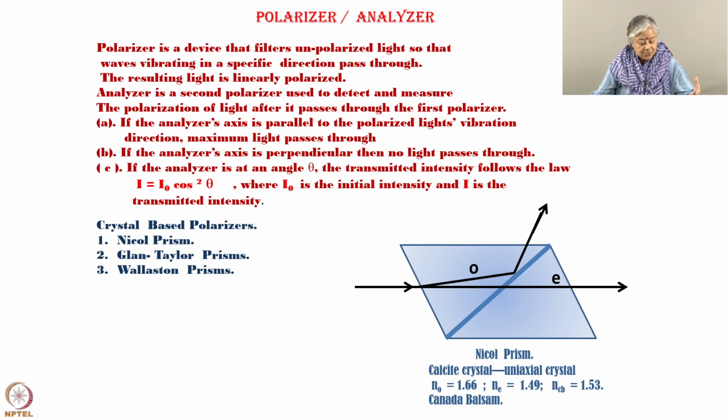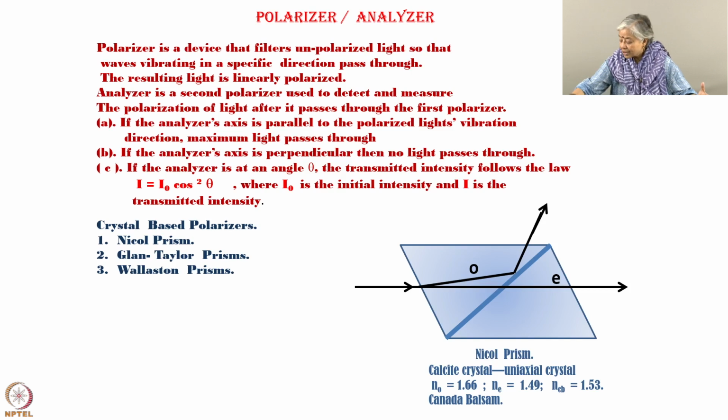Okay. So, that is why I say analyzer is a second polarizer used to detect and measure the polarization of light after it has passed through the first polarizer. If the analyzer's axis is parallel to the polarized light's vibration direction, maximum light passes through.